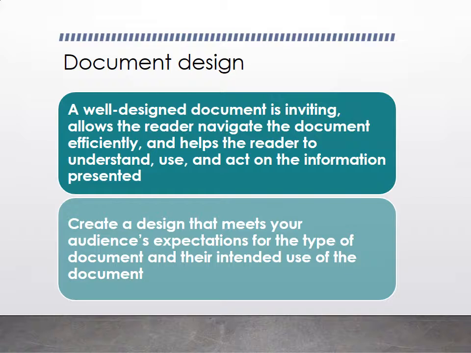Now, when we're talking about document design, I'm going to point you to some really good illustrations in the textbook. So on pages 284 and 285 in the textbook, you'll see an example of some information about chronic obstructive pulmonary disease, or COPD, from the Centers for Disease Control.